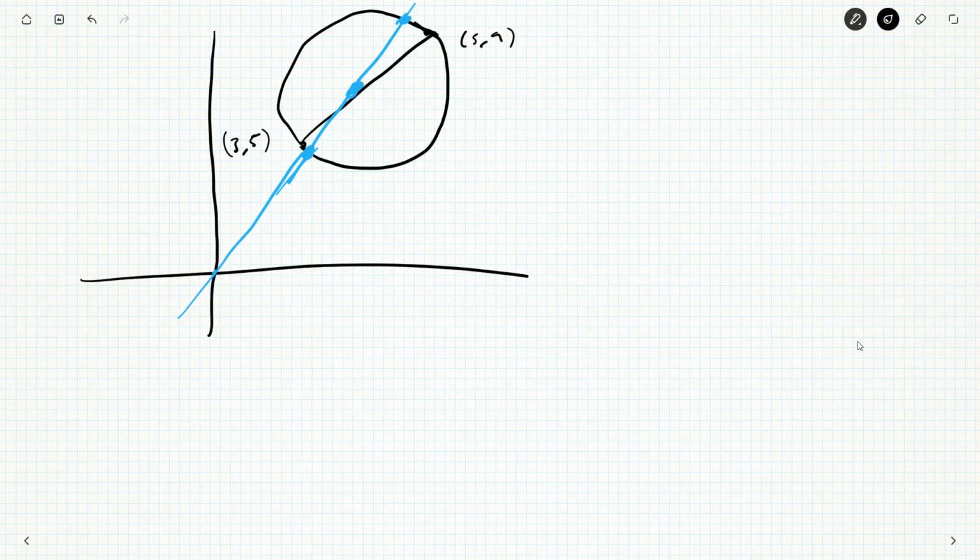So if I just figure out the slope of the line, and we should be explaining this: a line cutting the circle in half must be a diameter.